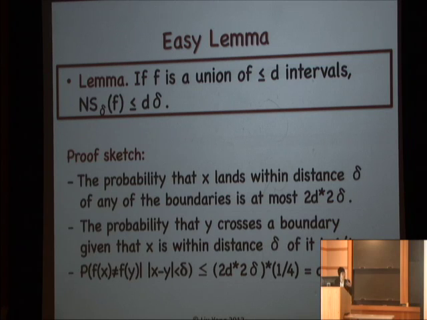If we draw a random x and y, with x within distance delta of the boundary and y within distance delta of x, then the probability that x and y land on opposite sides of some boundary is at most 1/4. Multiplying all these together, we get a bound on the probability that x and y land on opposite sides of some boundary, given that they're within distance delta of each other.